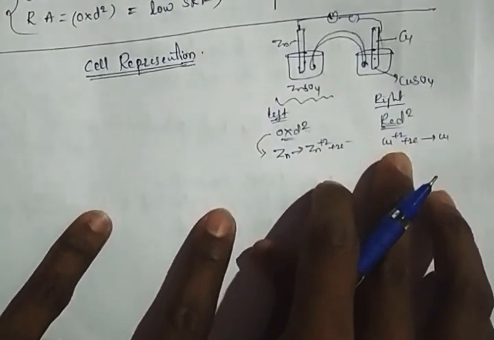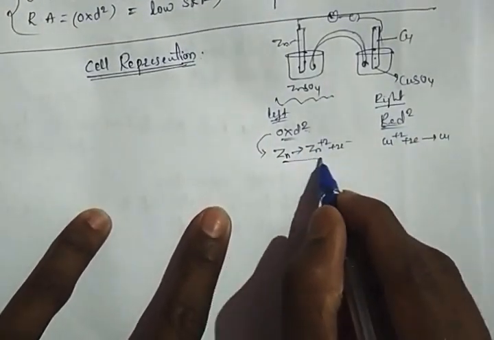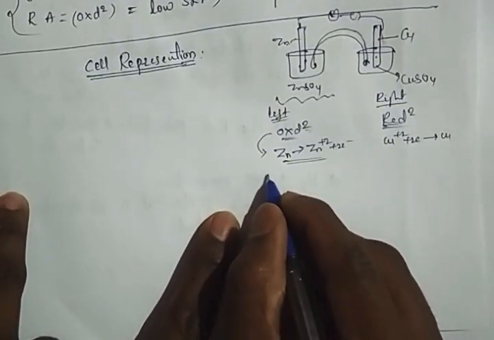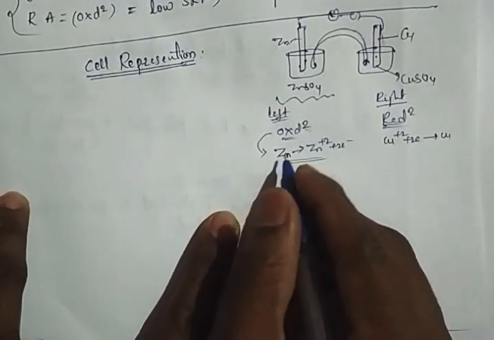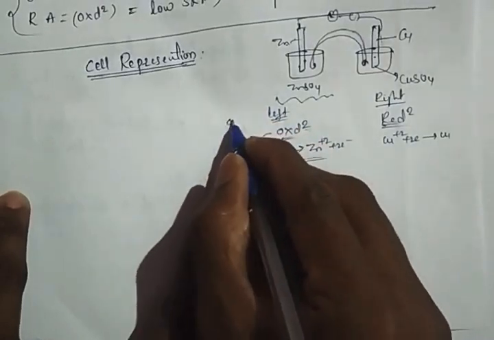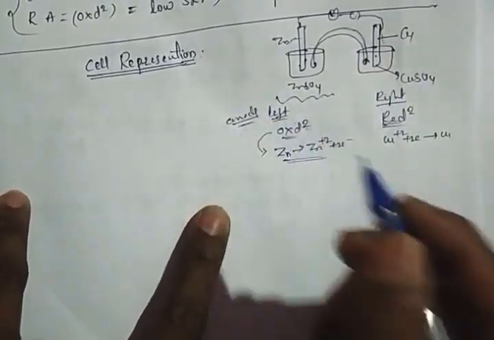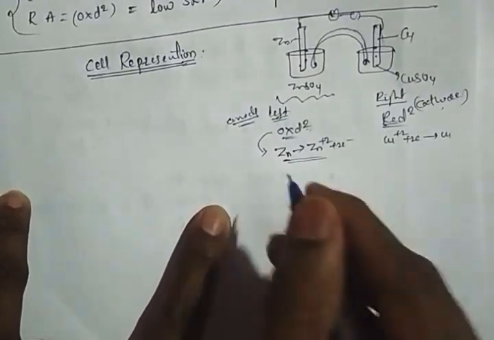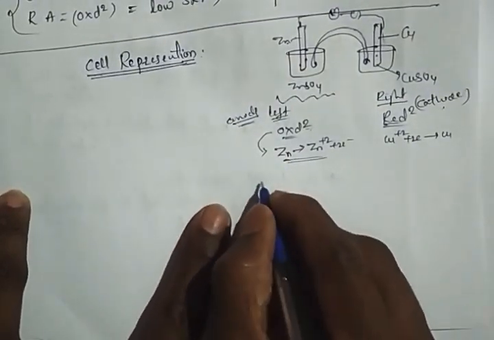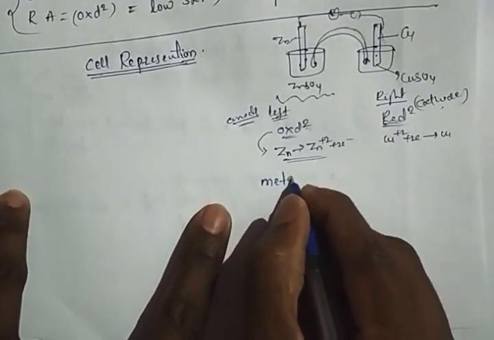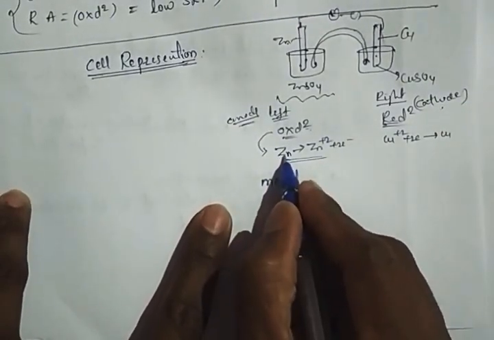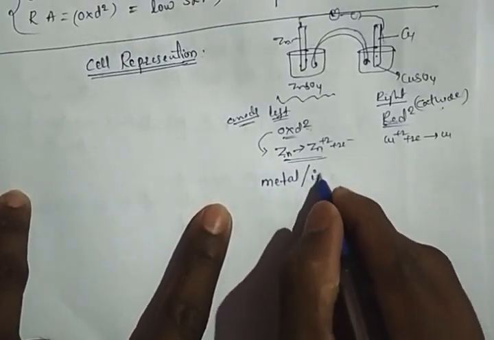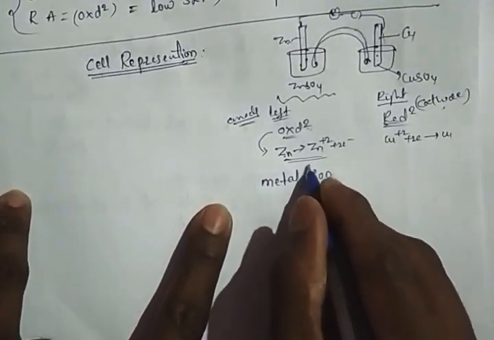These are the two reactions. The oxidation half is represented as the anode, that is the left side, and this is the cathode. On the anode side, the metal is converted into its ion, so the metal and its ion are separated by a single slash or bar.